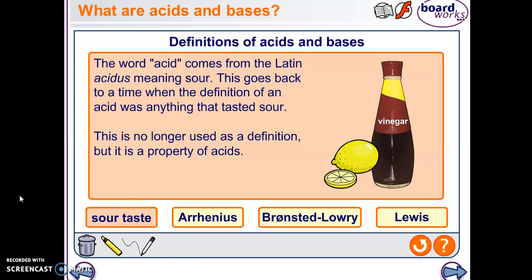So the substance which is sour to taste is acidus, or it is called an acid. But this is a very old definition.